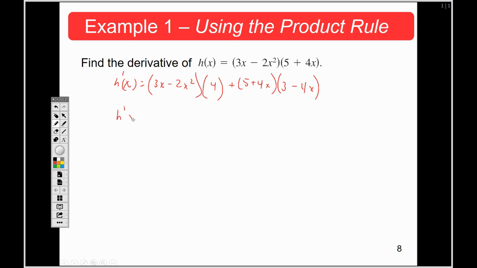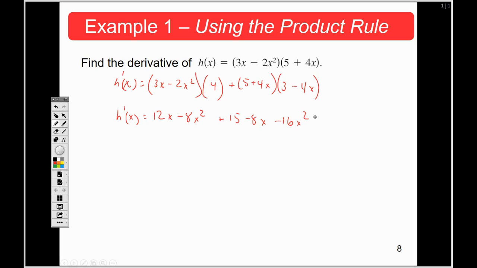So my derivative, here's the 1 prime 2, 2 prime 1. I'm going to multiply that out. I have 12x minus 8x squared, plus, I had to distribute here, FOIL it if you like that, 15 minus 20x plus 12x is minus 8x, and then minus 16x squared.